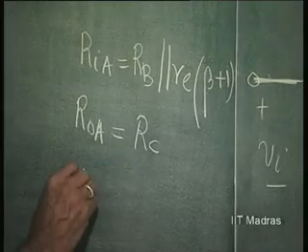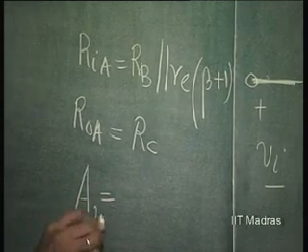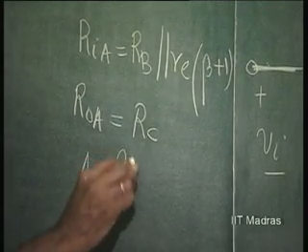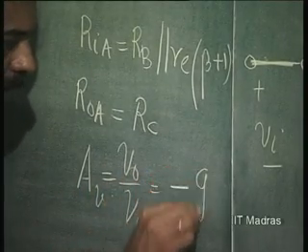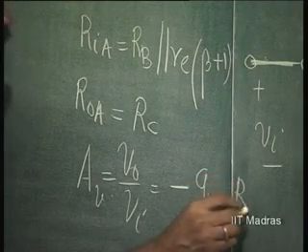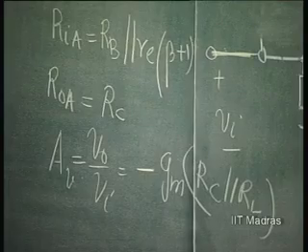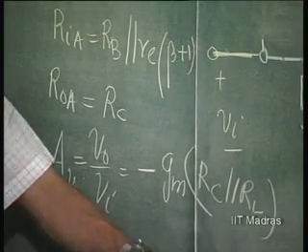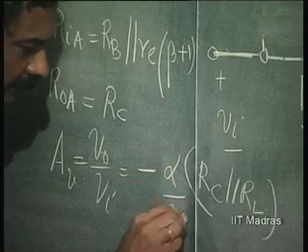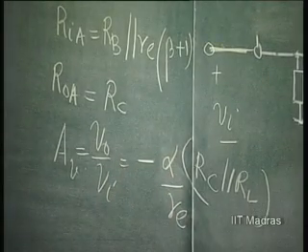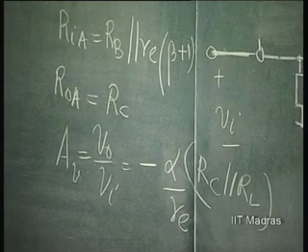So the voltage gain is going to be V naught over Vi equals minus Gm into Rc parallel RL, and Gm being equal to alpha by Re. For the bipolar junction transistor, we know the value of Gm is alpha by Re.